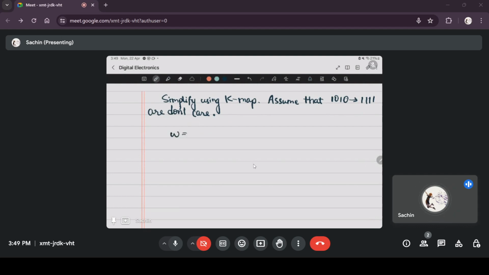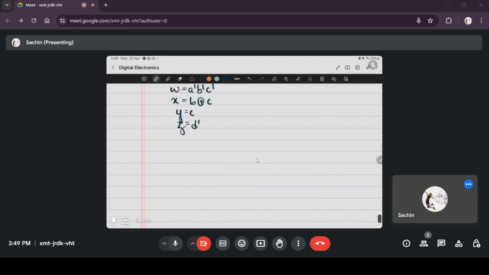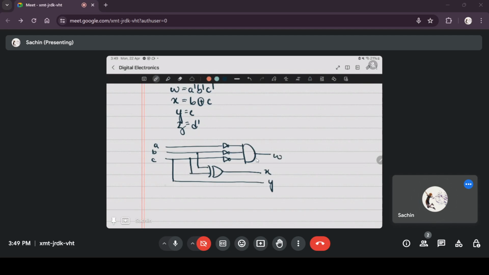From that we'll get W is A prime, B prime, C prime, X is B XOR C, Y is C, Z is D prime. We have W, X, Y, and Z.